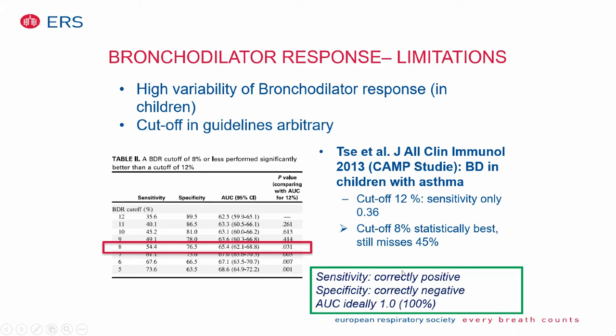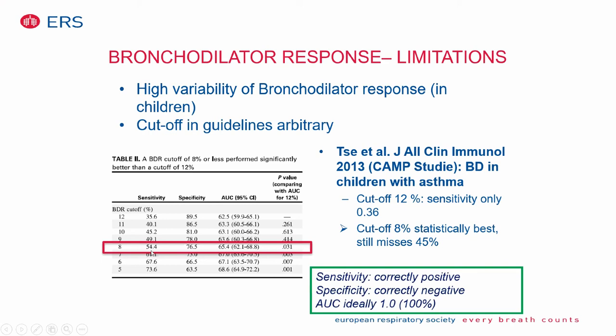And they found that the cutoff that is recommended in the guidelines of 12% has a sensitivity of only 36%. Now, sensitivity, just to remind you, is the number of subjects who are correctly tested positive. And specificity, on the other hand, are the correct negative answers.